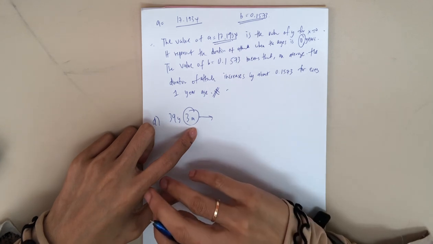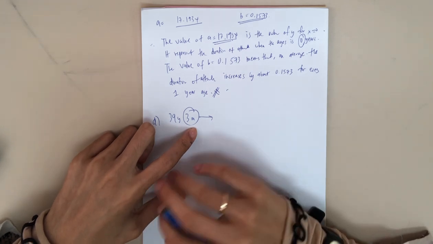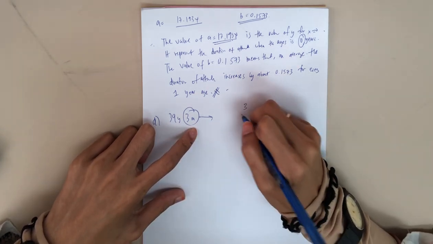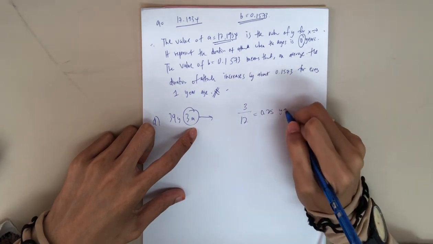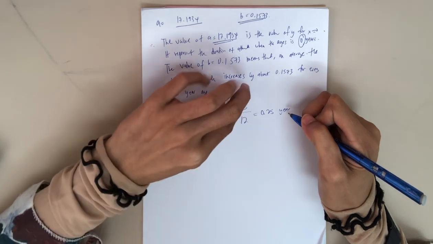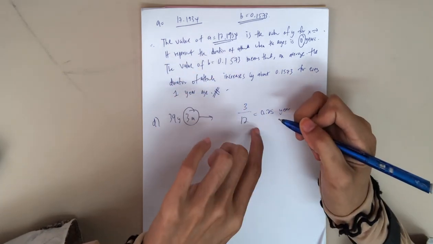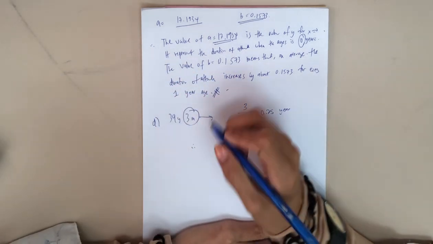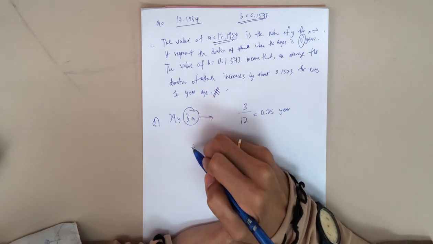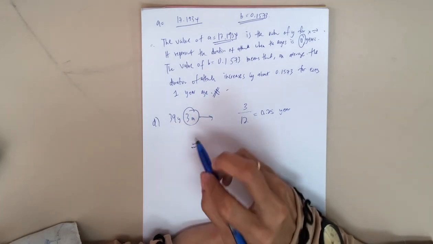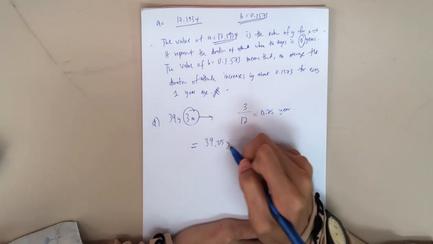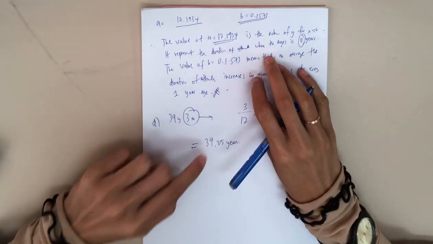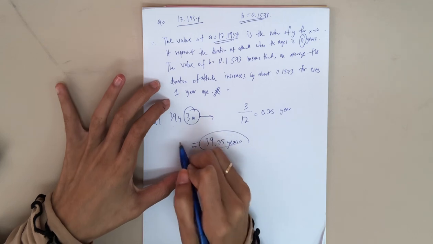How many months do we have in 1 year? 12. So you divide by 12. Therefore it is 0.25 years. So 3 months is equivalent to 0.25 years. So 39 years 3 months is equivalent to 39.25 years.